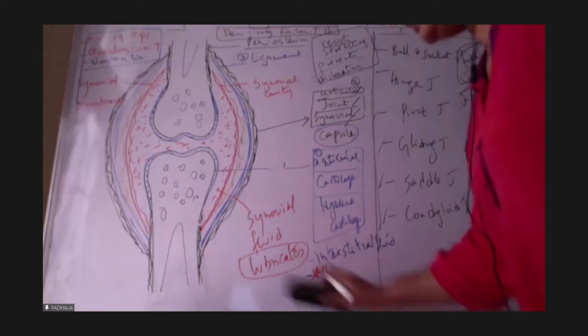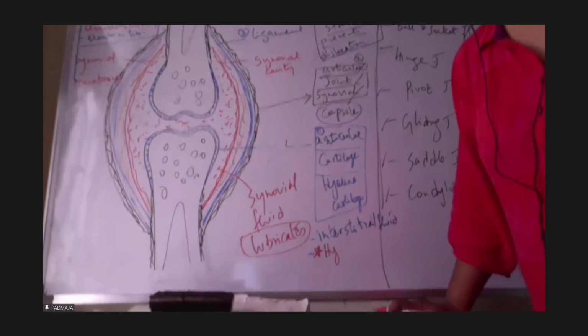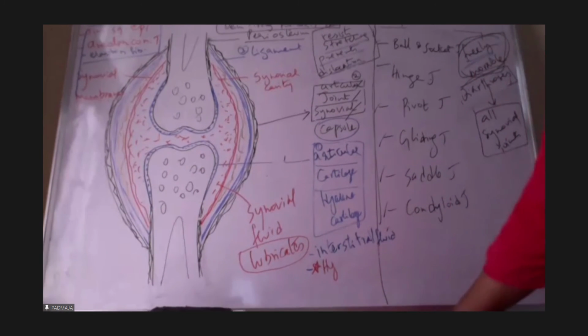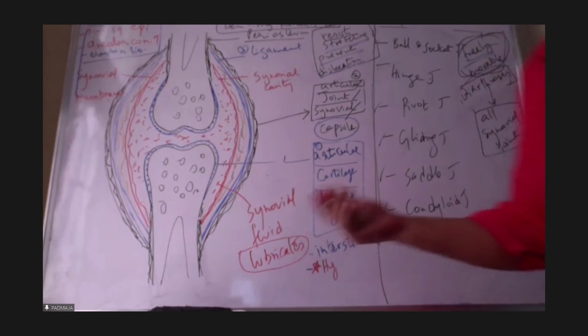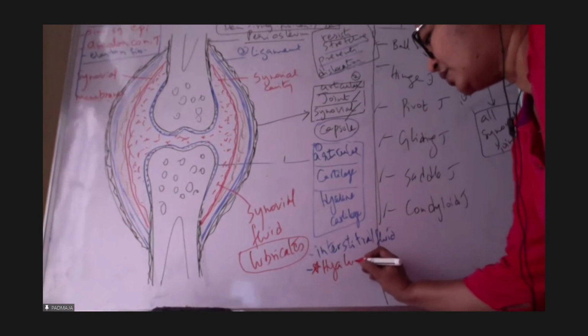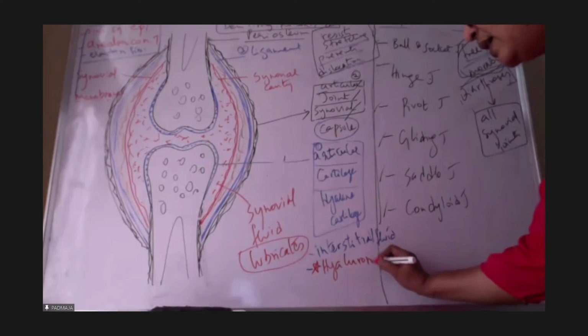Hyaluronic acid. And I think you know about that. Most abundant protein after collagen, the second most abundant protein in our body, the ground substance in our body is hyaluronic acid.